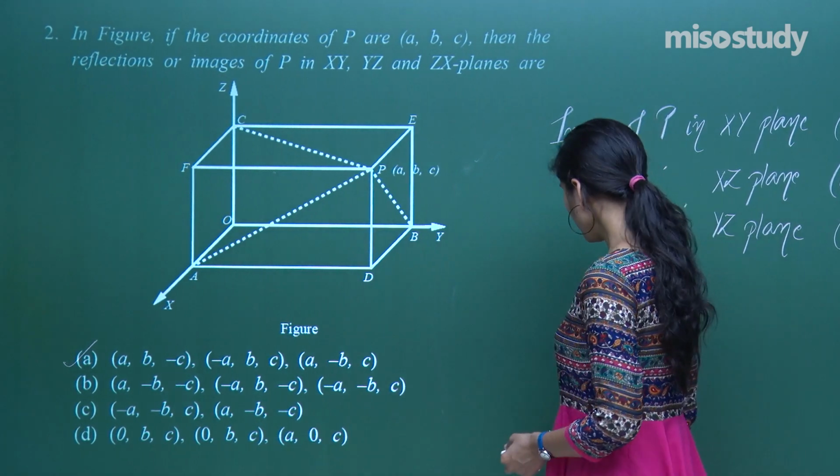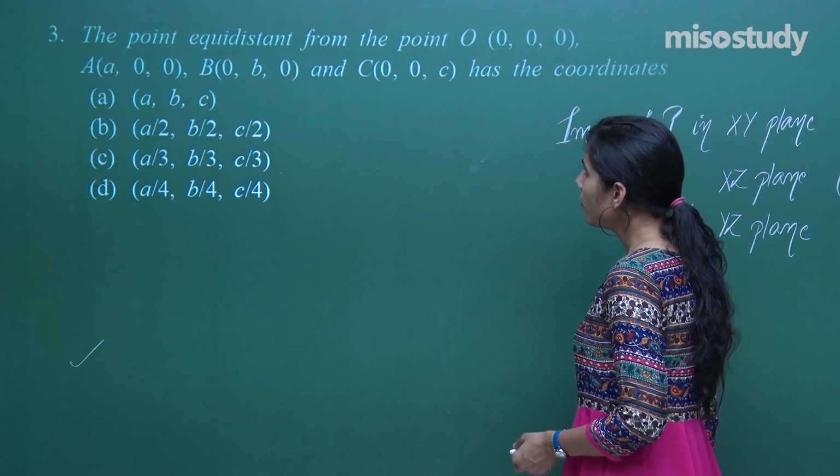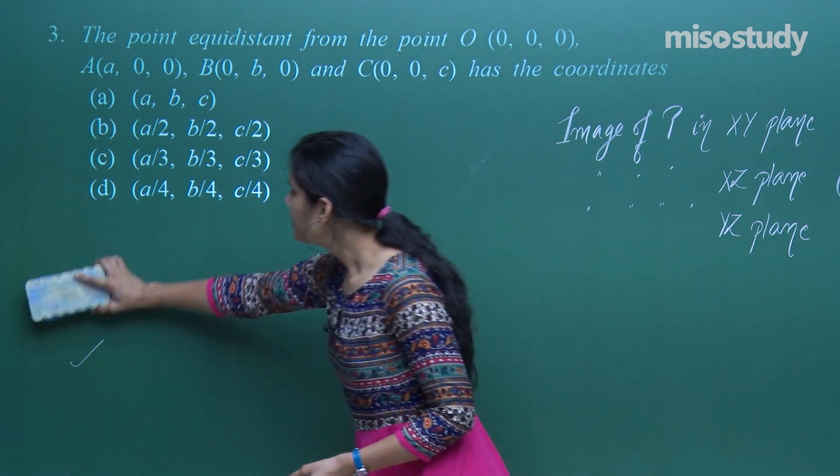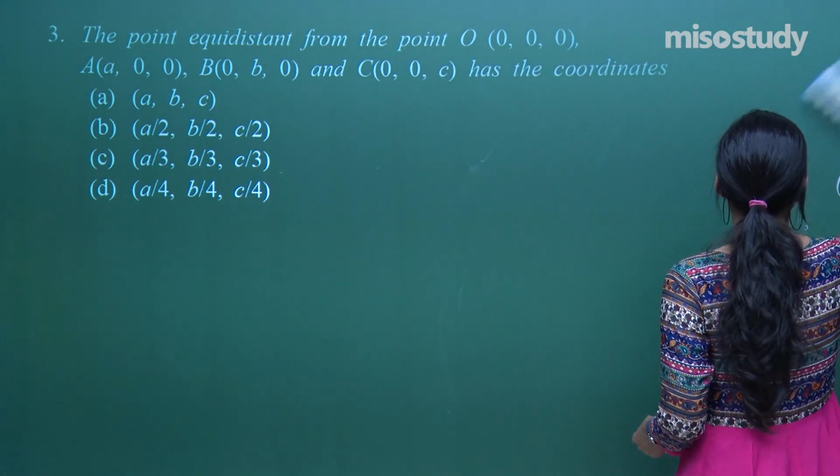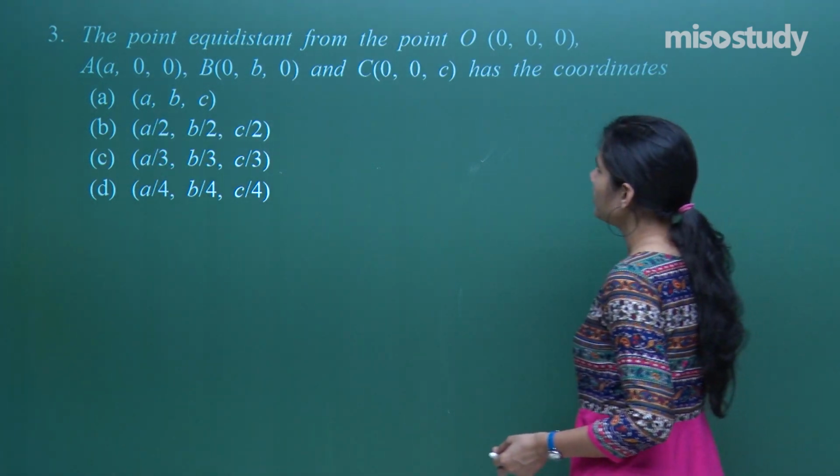Okay. Moving on to the next question, we have the point which is equidistant from the points O, A, B and C. What are its coordinates? So let's see, distance formula coming into the picture.